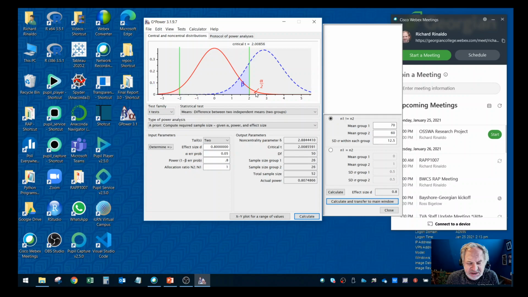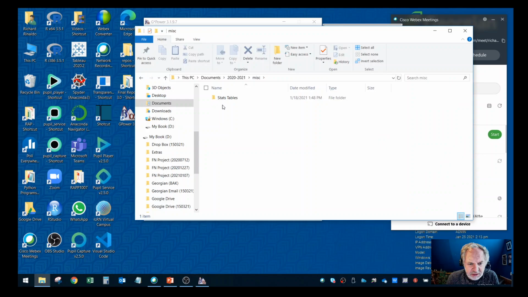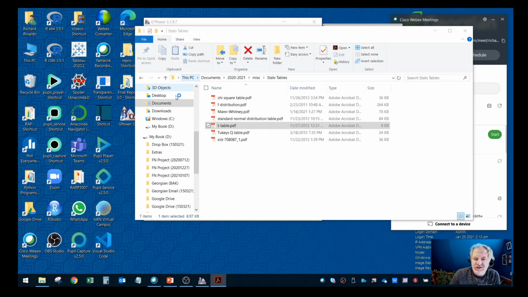Let's see here, just to confirm it. My t-table, my degrees of freedom are 50. Oh, I might not have it. No, I don't. Oh, let's do it in Excel. Sorry.